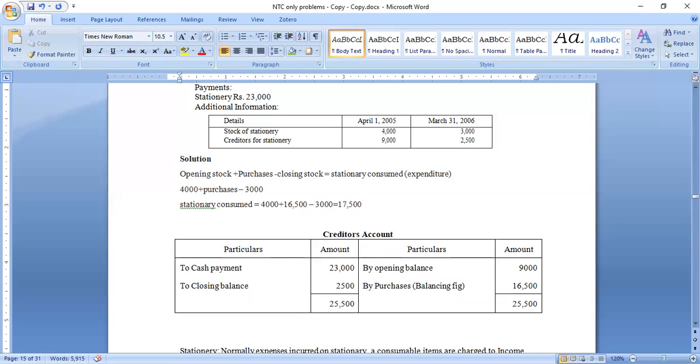So this balance is the expenditure, and we'll mention this on the expenditure side of the income and expenditure account.